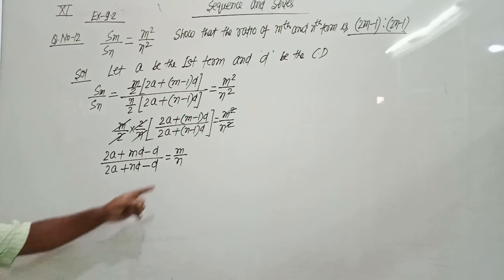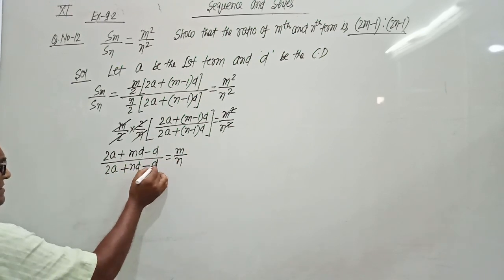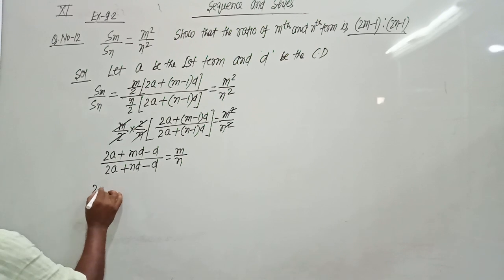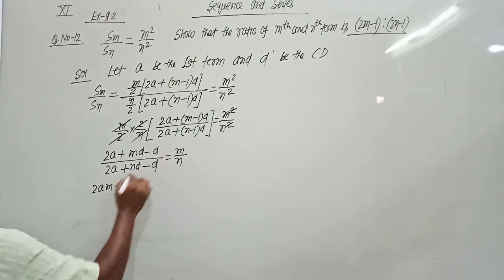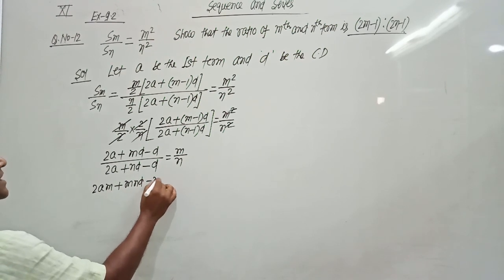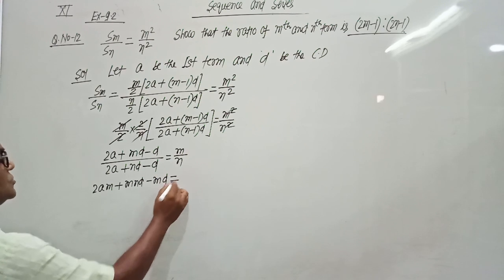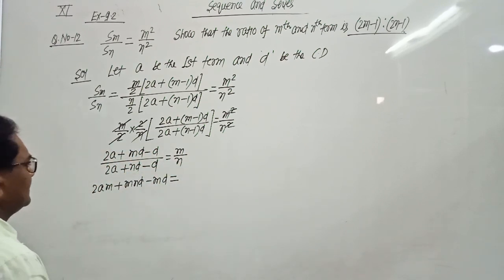Then we do cross multiplication. m multiplied by these three terms: 2am plus mnd minus md equals these three terms multiplied by n.